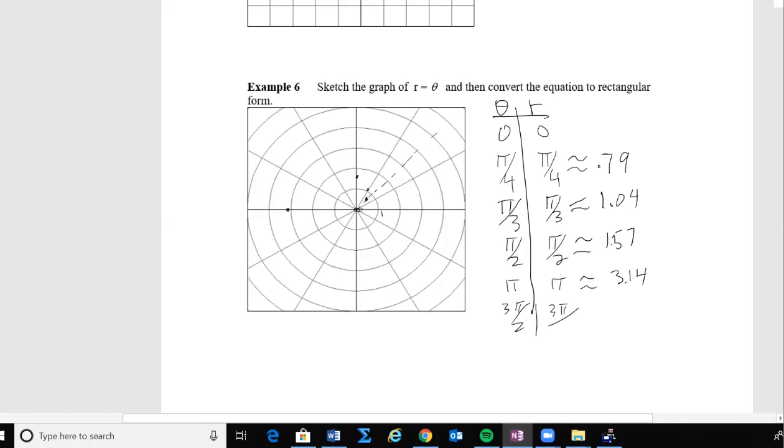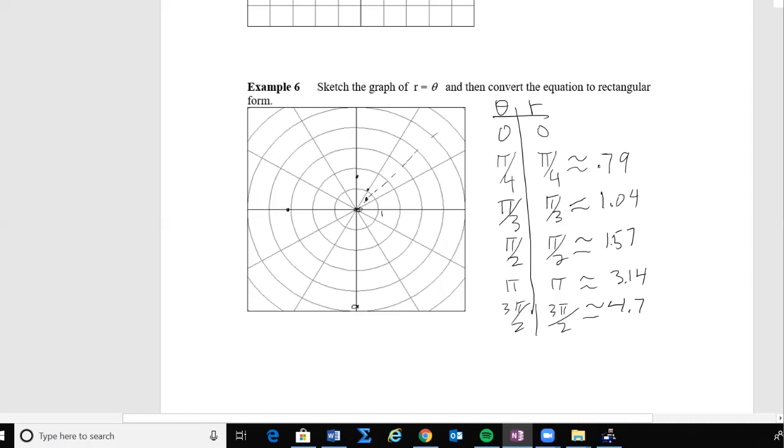And then when we get to 3 pi over 2, that's about 4.7. So that's 1, 2, 3, 4, about here. Okay, right about there.